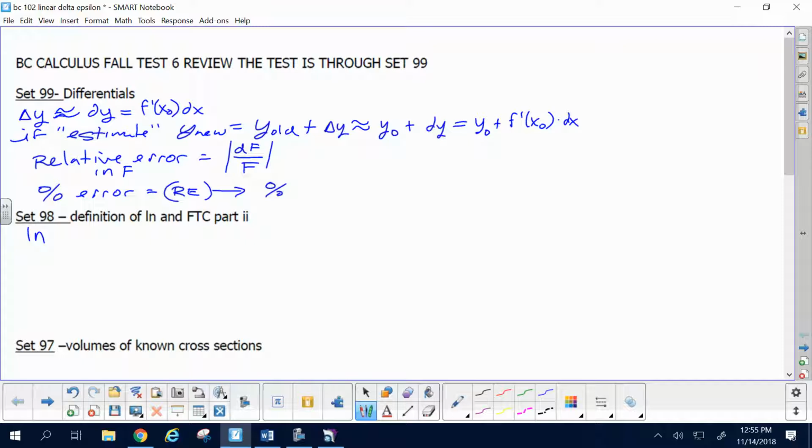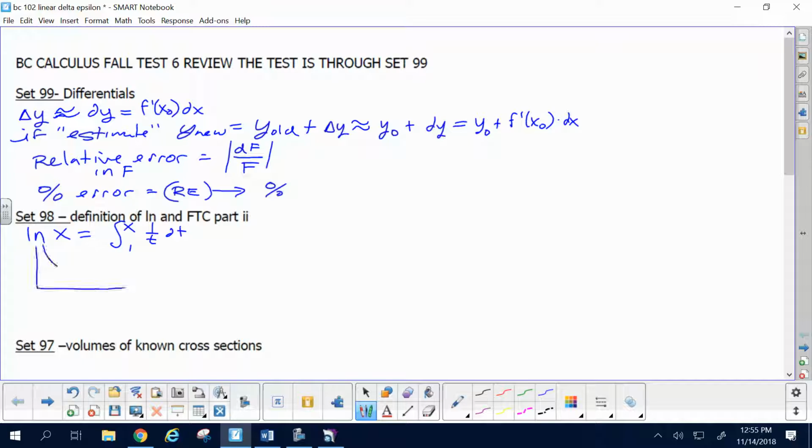Okay, in case there's one person in the room that doesn't know what I'm talking about, you would start with the definition of natural log. And I'm talking the calculus definition of natural log. The calculus definition is the area under 1 over x, or I'll use 1 over t for a dummy variable, from 1 up to some point.